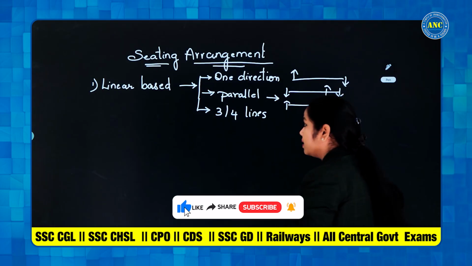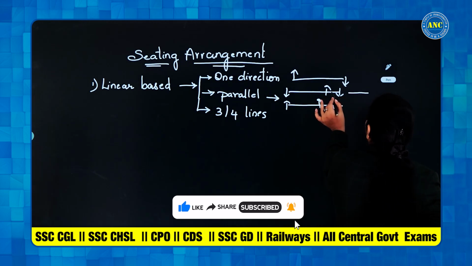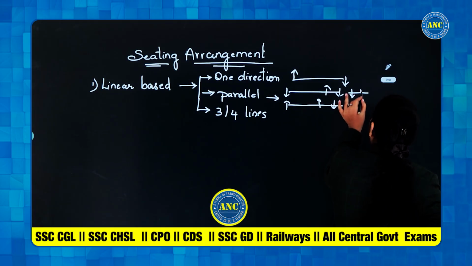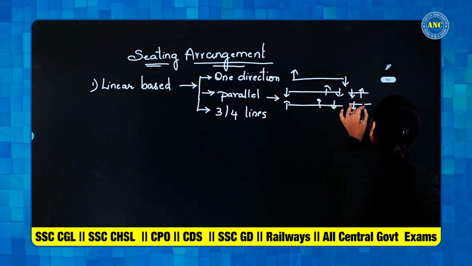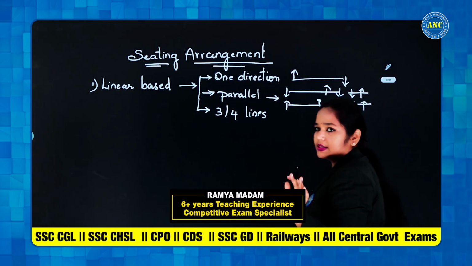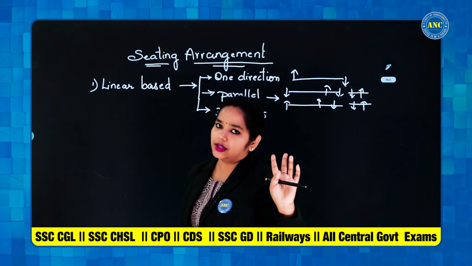In the advanced version we can see jumbled, where some in each line face south and some face north. Parallel means two rows, and people are arranged in those 2 rows.